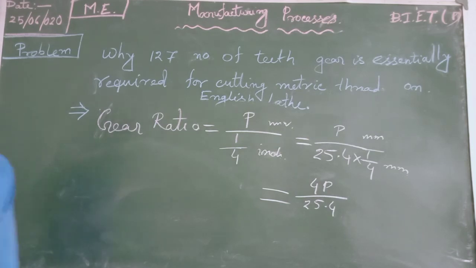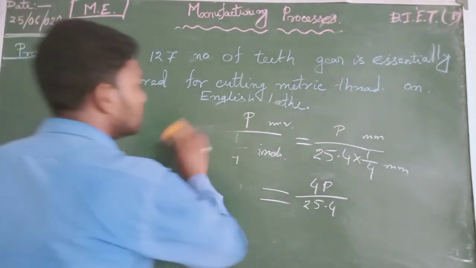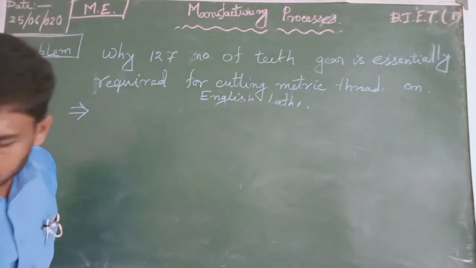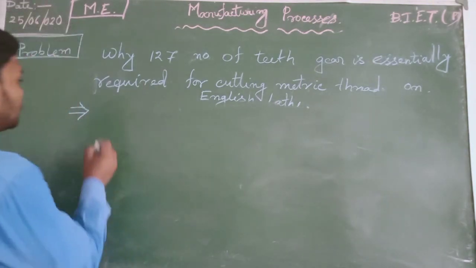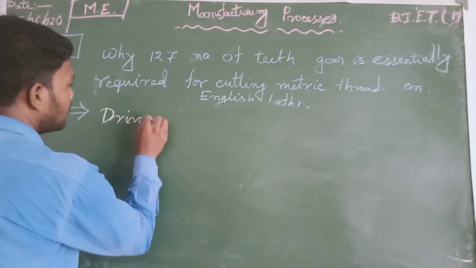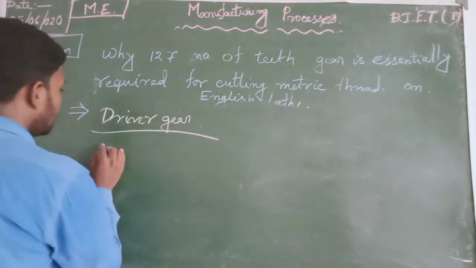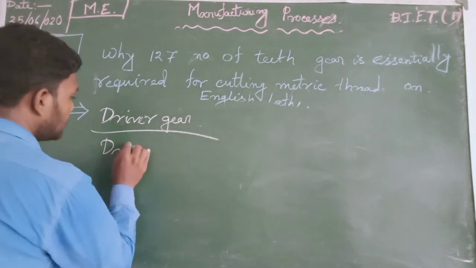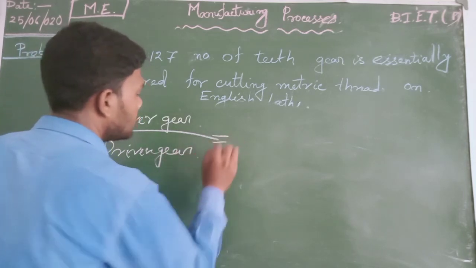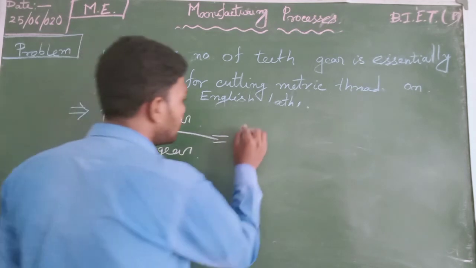Now the number of teeth of the driver gear divided by the number of teeth of the driven gear is equal to 4P by 25.4.